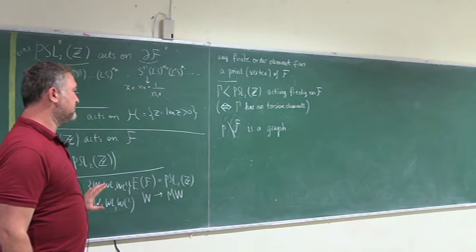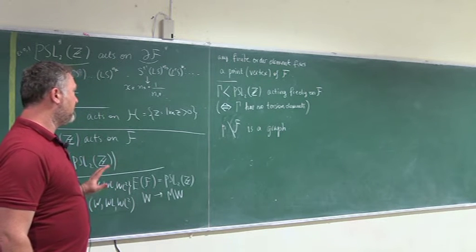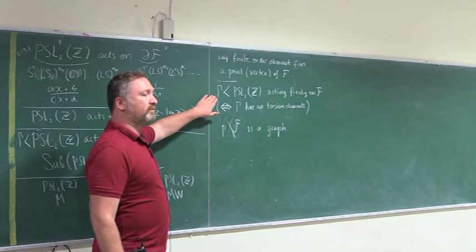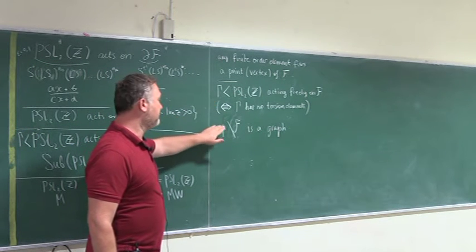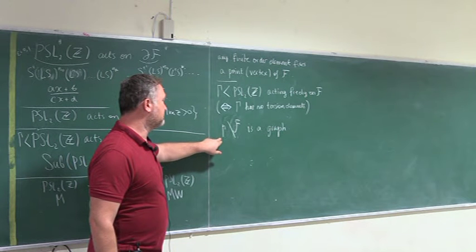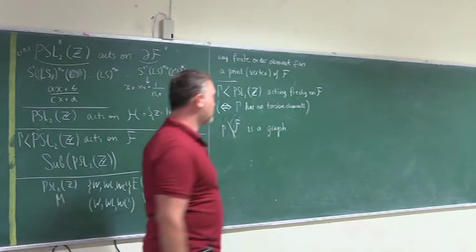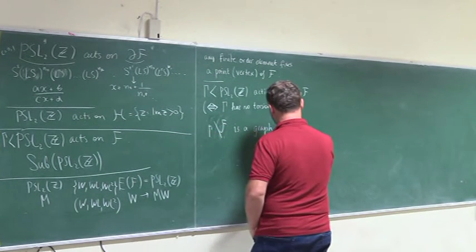And since this action of the modular group preserves the structure, any subgroup of the modular group does the same. And this endows the quotient graph with a ribbon structure. So this is a ribbon graph.